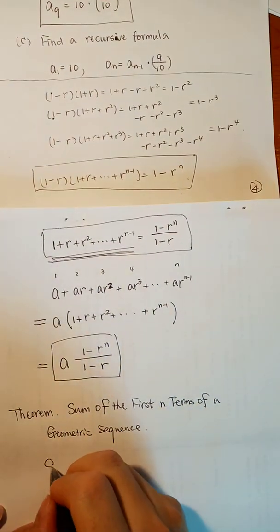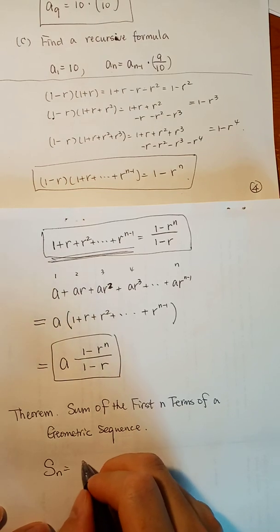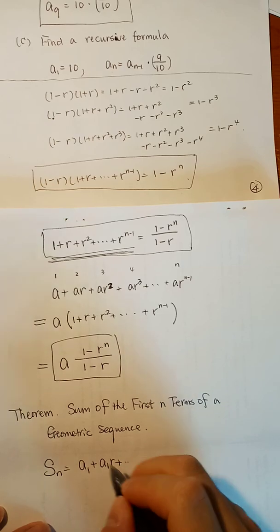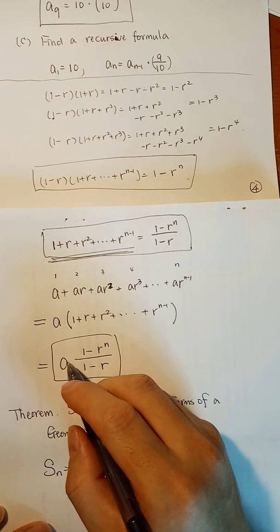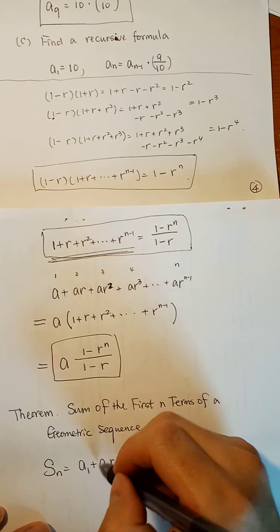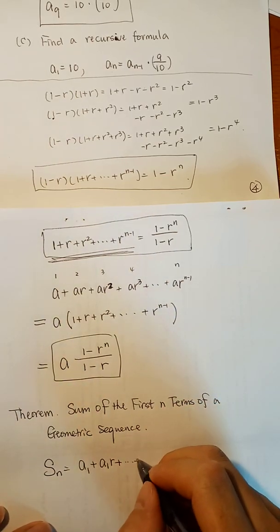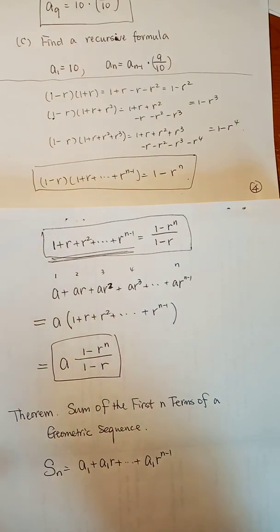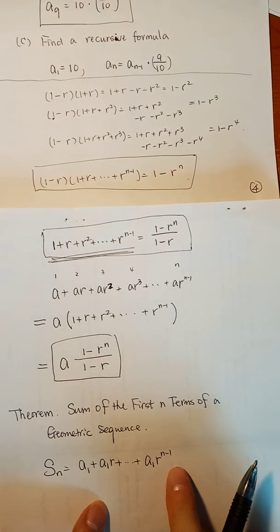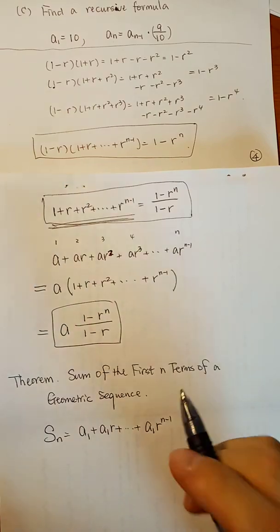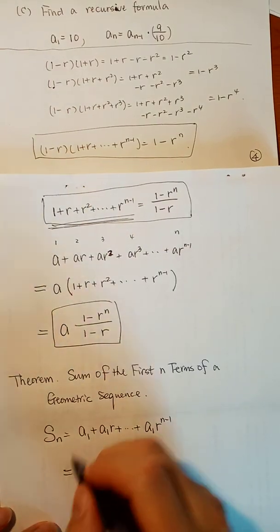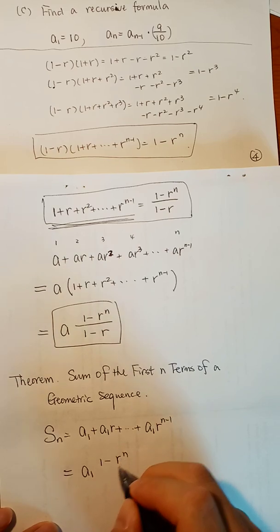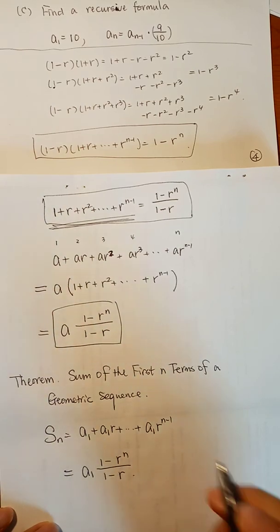The sum Sn, we write Sn. Sn is a1 plus a1 times r, up to a1 times r to the n minus 1. Sometimes I like to write a, just the initial term. They like to use a1. This is the sum of the first n terms. N terms stops at n minus 1. It is equal to a1 times 1 minus r to the n over 1 minus r.